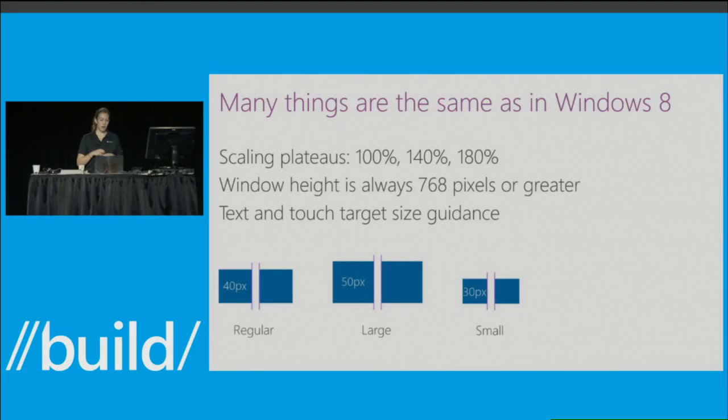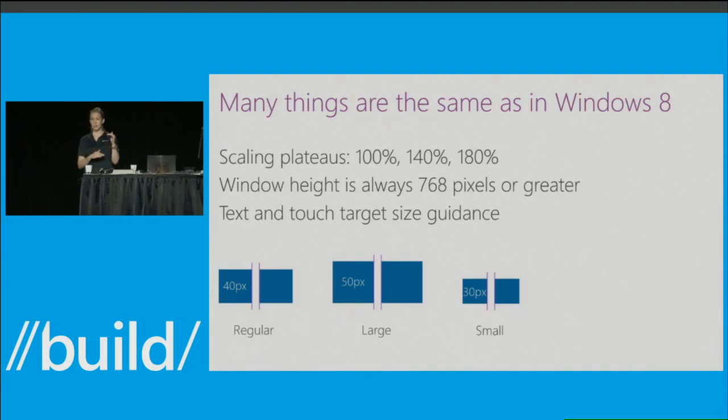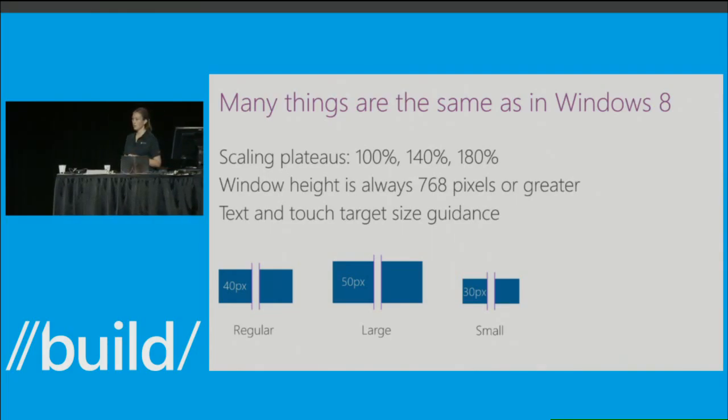Now, your window height is another thing that stays the same. So you're guaranteed 768 pixels of window height for your app, and that's logical pixels. So even when scaling is involved, you are still guaranteed 768 pixels of your designed layout. Now, that holds true for these small tablets, too.